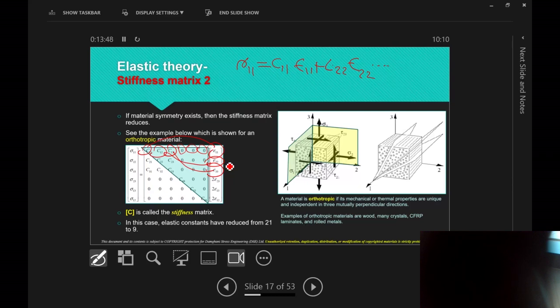Strain in direction 1 multiplied by that contributes to the stress, strain in the orthogonal direction 2 times that contributes to stress in that direction, and the same for epsilon 3, but shear components do not have any contribution. So 0 times that becomes 0, 0 times that becomes 0. The shear behavior does not contribute to stress in one direction. That's why it becomes 0, because it doesn't contribute. But if it was anisotropic, unlike orthotropic material, then those wouldn't be 0.